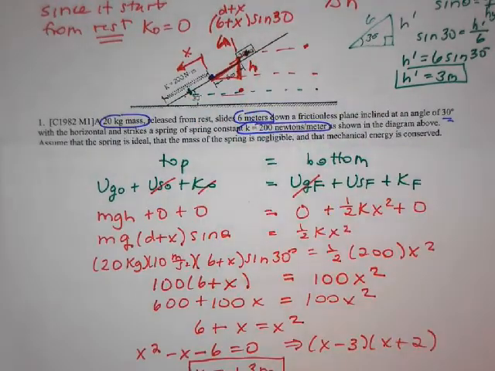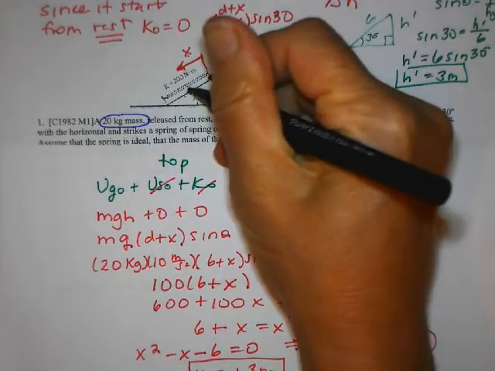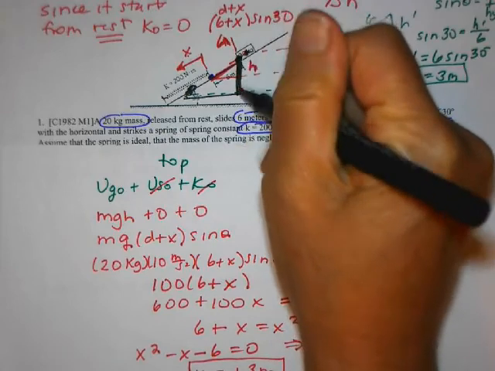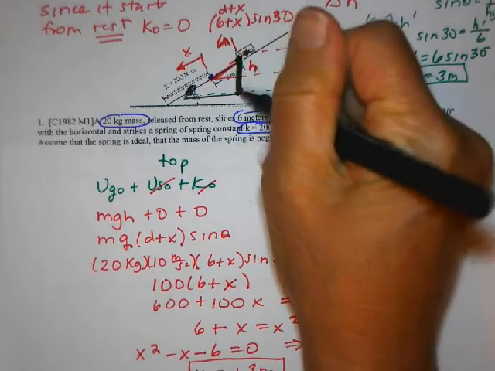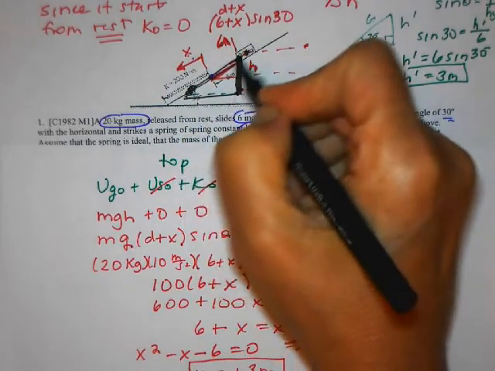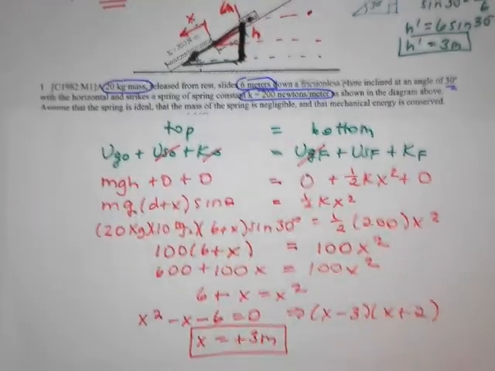But again, it might be good to use a different color because I'm going from here, let's say we don't know what it is, I put here, I'm finding this height here. And then that's why this is 6 meters plus x, because this, again, this is a right triangle and they're similar triangles. And that's how we do that.